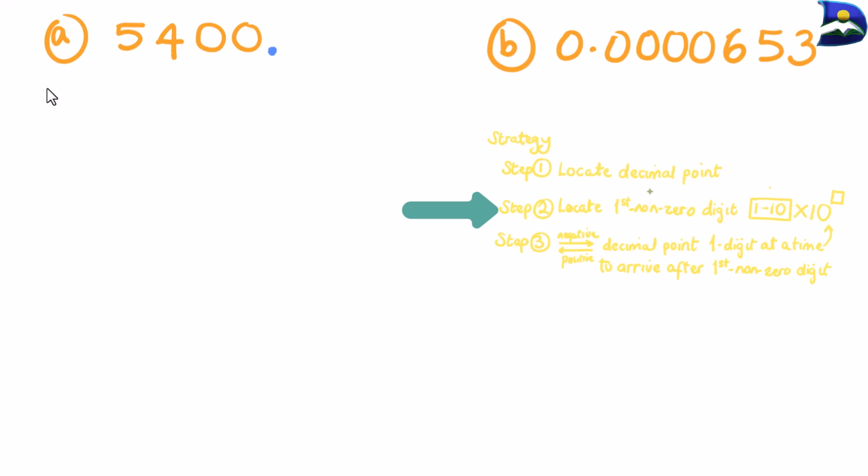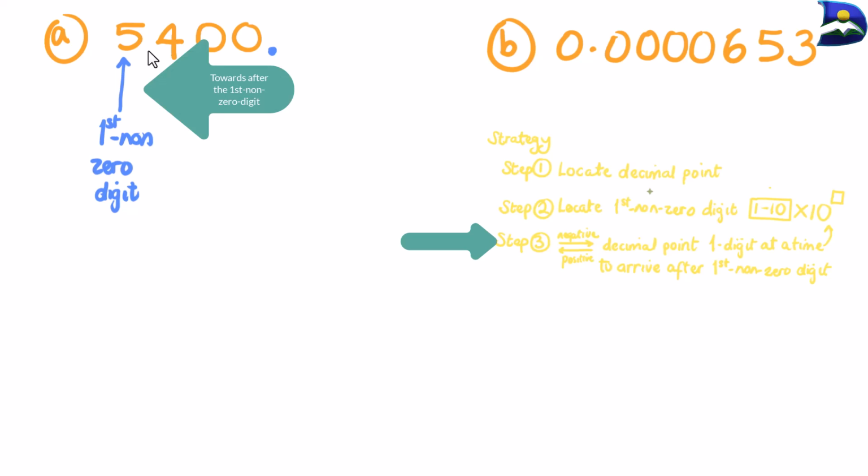And moving from left to right, we see that our first non-zero digit is 5, and therefore we're going to highlight it right over here. Our next step, which is step 3, is to move our decimal point how many steps after our first non-zero digit.